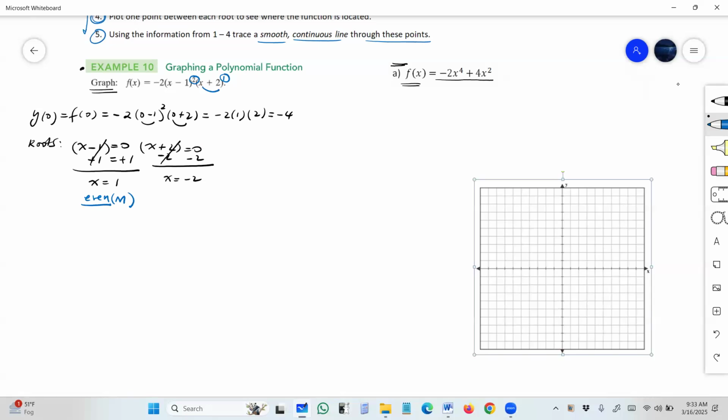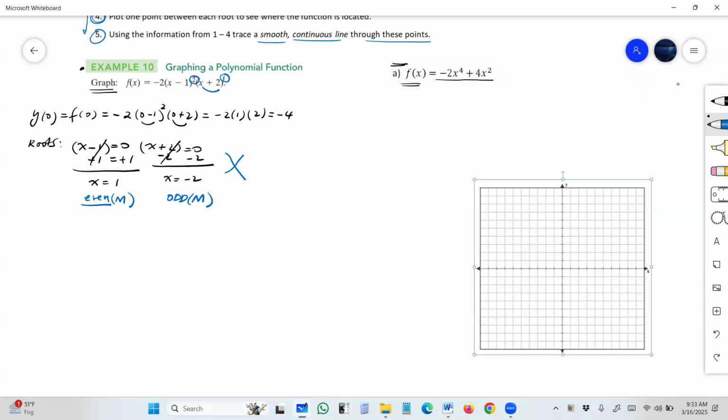For the root -2, I have an odd multiplicity, meaning that the function is going to cross the root at -2, either from bottom up or up down.